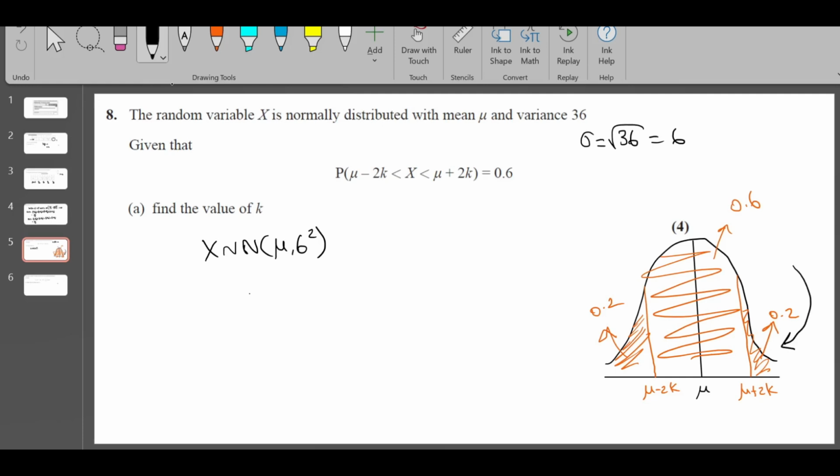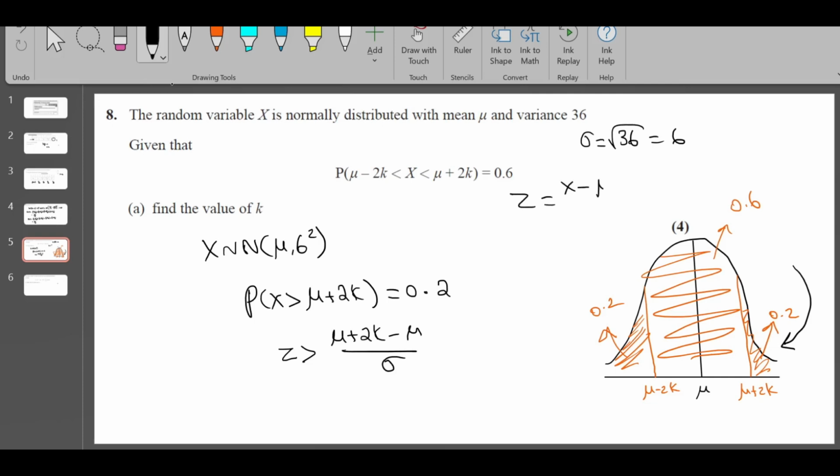We can write it as P of x is greater than mu plus 2k is 0.2. And standardize the normal distribution, x minus mu over sigma. That's the formula.